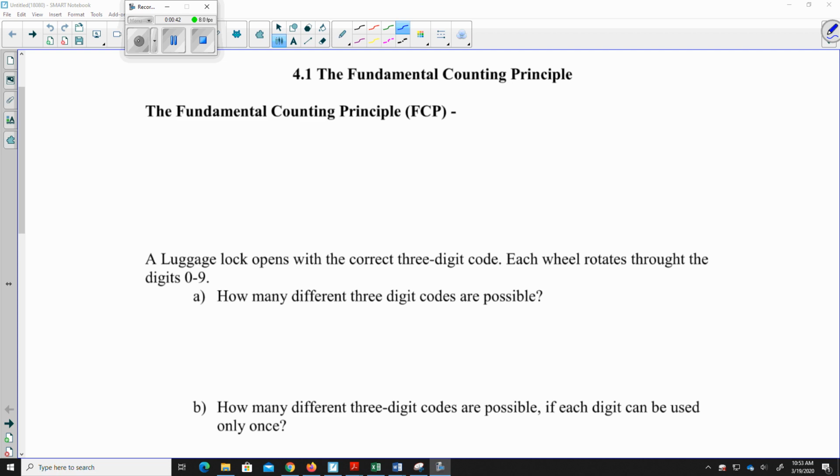Now, I know this sounds silly, but the fundamental counting principle is actually one of the most important principles in math because it allows us to do a lot. It's very powerful.